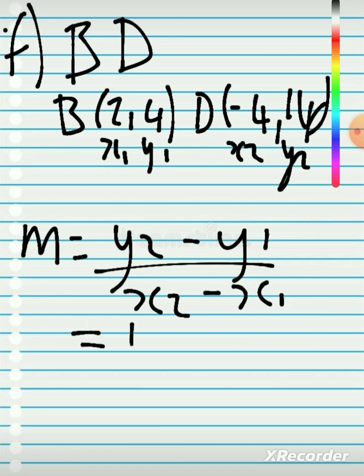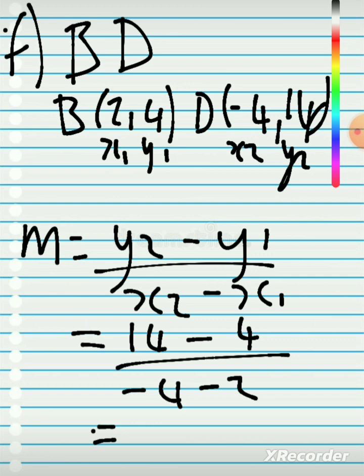So y2 is 14 minus y1, 4, over x2, it's -4 minus x1, which is 2. So 14 minus 4 is 10, -4 minus 2 is -6. Okay, so we can reduce by 2: 5 here, -3 here. So the final answer is -5 over 3.